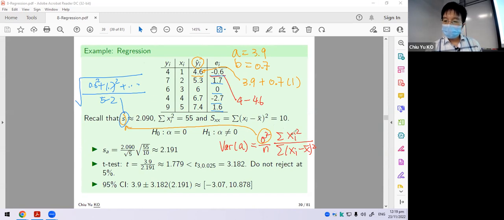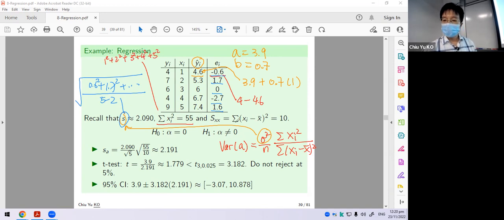And here you just calculate the sum of xi squared is 55, it's 1 squared plus 2 squared plus 3 squared, right, plus 4 squared plus 5 squared, is 55.